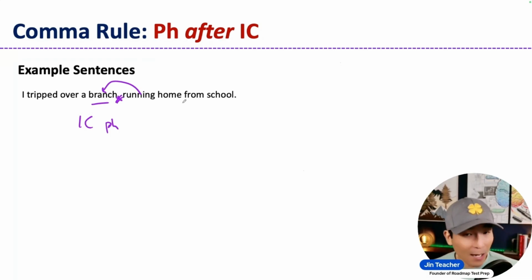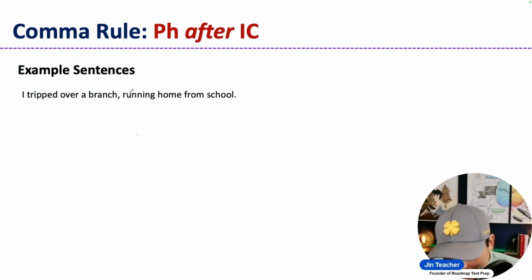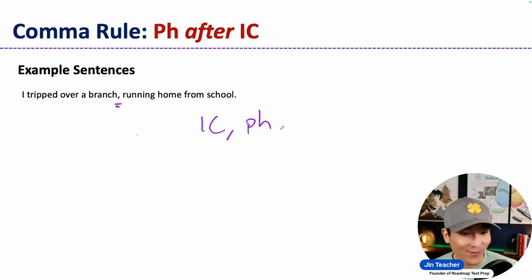Can you see a problem with this? Does the branch running home from school make any logical sense to you? You should say, no way. Of course it wasn't the branch that was running home from school. It was I. So this is why it's important sometimes to have a comma to separate the independent clause from the ing phrase. Now, this is going to be for trickier SAT grammar questions, the harder ones, but it's just good to know.